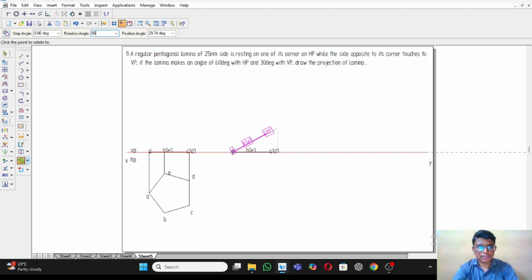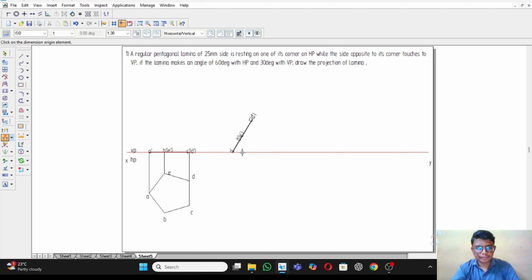Rotation angle should be 60 degrees. Let's check the angles. We can see the angle which is 60 degrees.